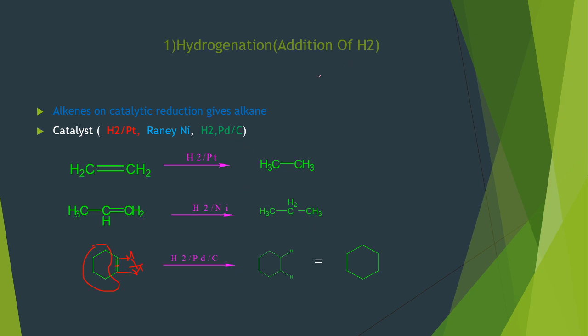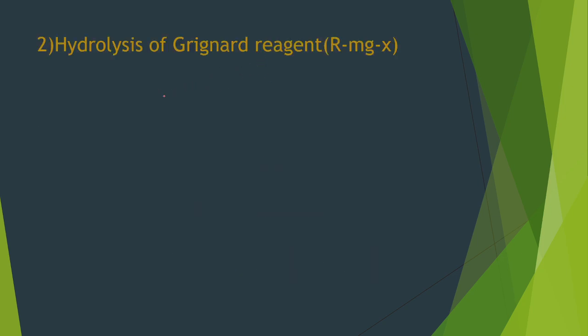We have seen the preparation of alkane by the hydrogenation method. Now we can prepare alkane from hydrolysis of Grignard reagent.